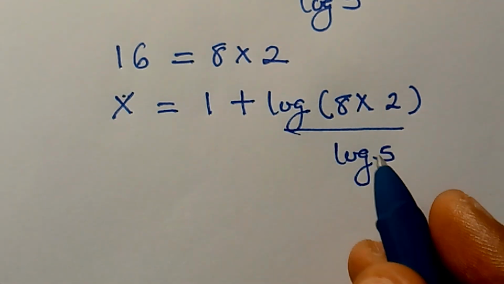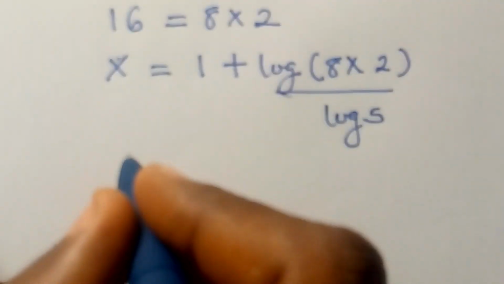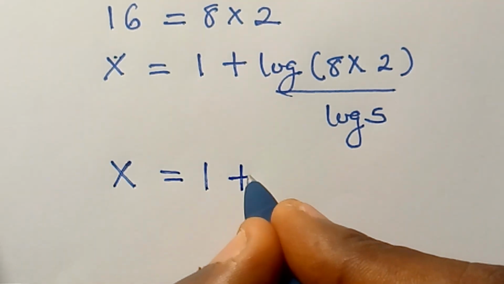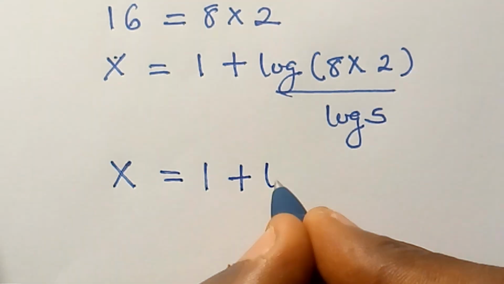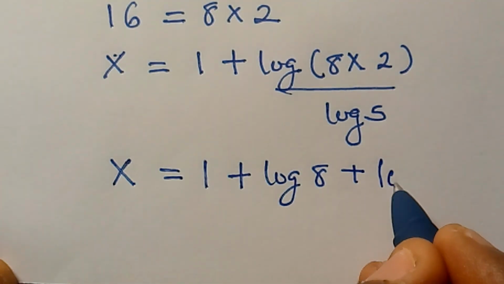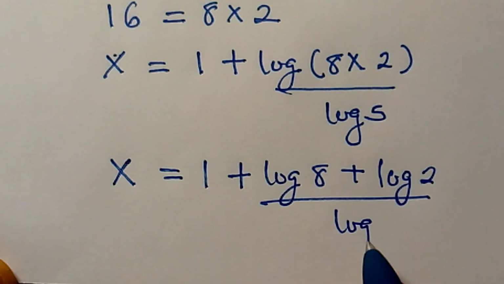Again we apply the multiplication of logarithm. So we'll have x equals 1 plus log 8 plus log 2 divided by log 5.